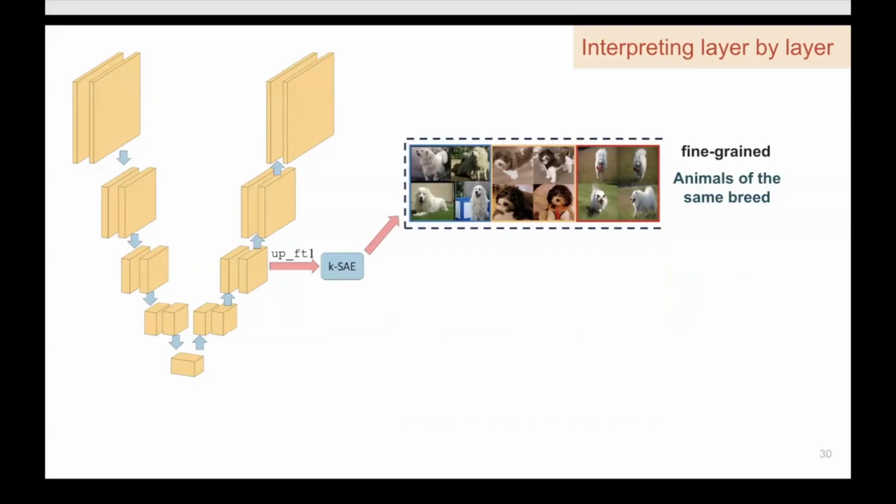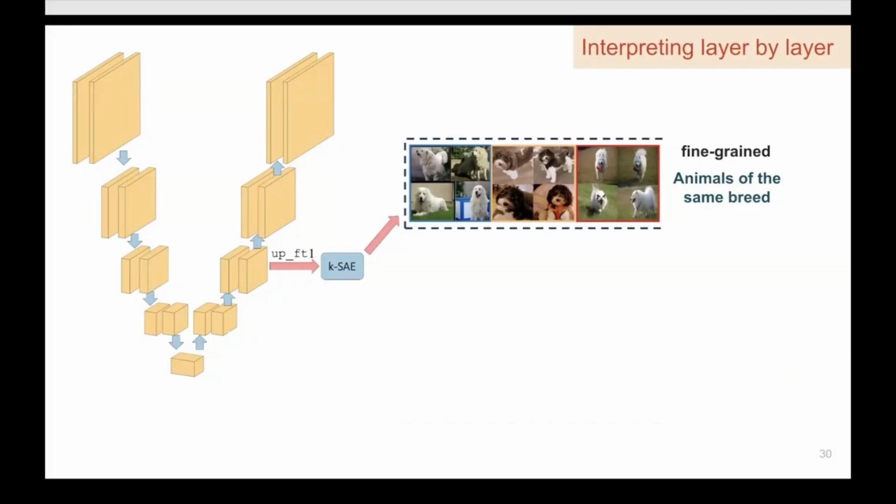This is for 1.4. I don't think I have it in the slides, but we have it in the paper that the same applied to 2.1, DiT, and Flux. But this particular one is for 1.4.